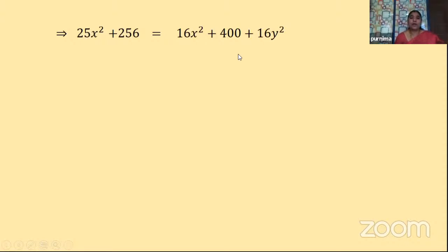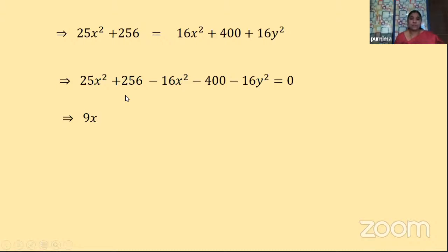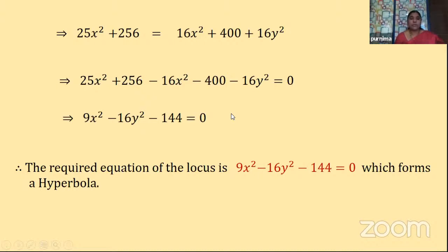So let us try to send all terms to one side, which is 25x square plus 256 minus 16x square minus 400 minus 16y square is equal to 0. So which is 25 minus 16 is what? It is 9x square minus 16y square. 256 minus 400 is minus 144 is equal to 0, which is our equation of locus.